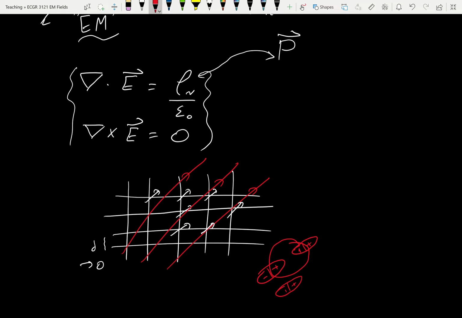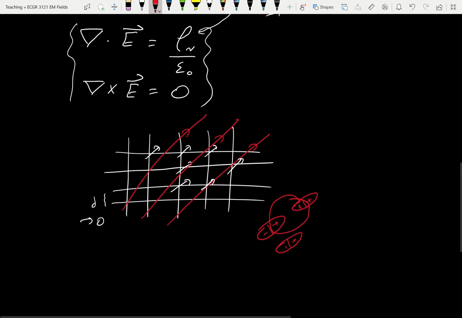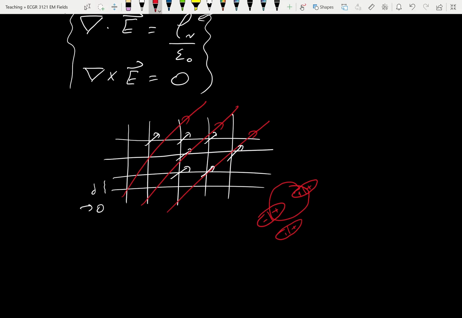The charge distribution in space will still be 0, right? But if I have uneven polarization, meaning I have some dipole that's stretched a lot and then next to it a dipole that's only stretched a little, I'll have more positive charge than negative charge, and I'll have a net positive charge at every point in space, right?